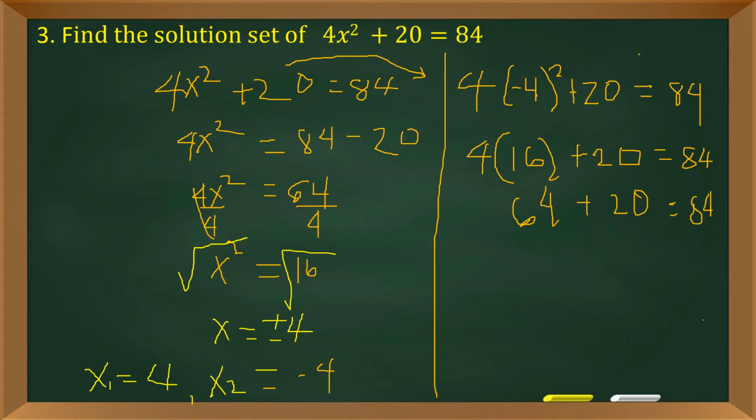Oops, we forgot the question mark again. So we have to integrate question mark. But 64 plus 20 is 84, which is equal to 84. And so we have proven that our values of x, 4 and negative 4, are really the solutions of this quadratic equation.